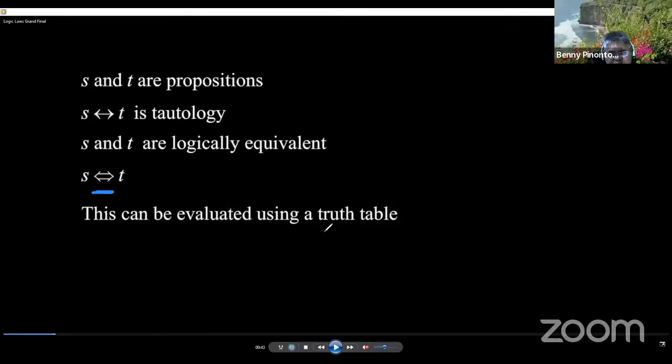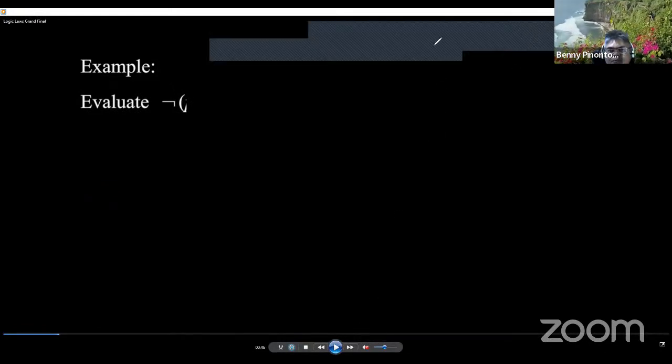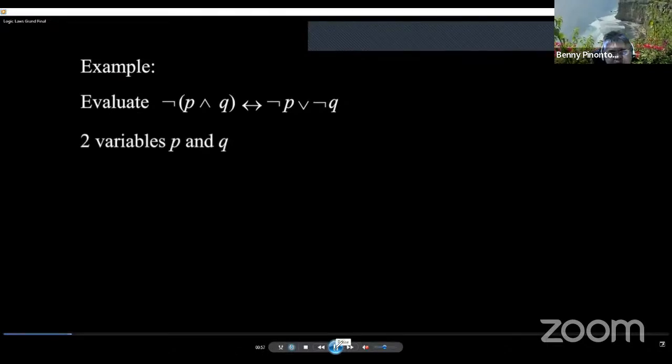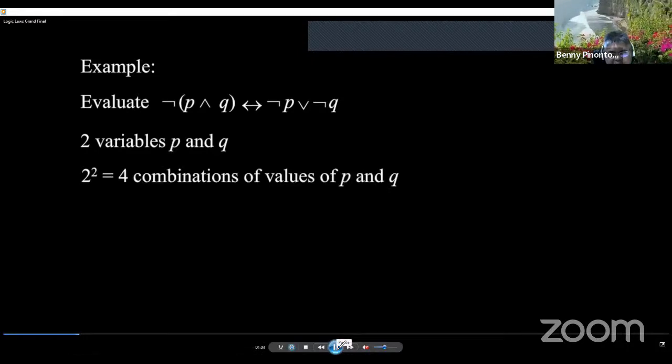We saw that this can be done with a truth table. For example, this, you can evaluate that with truth tables. So this is the basic. Then there are two variables, so we have a combination of 4 values, something like this.